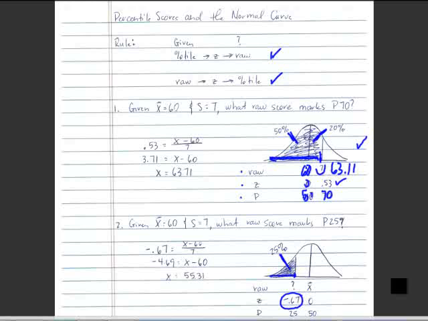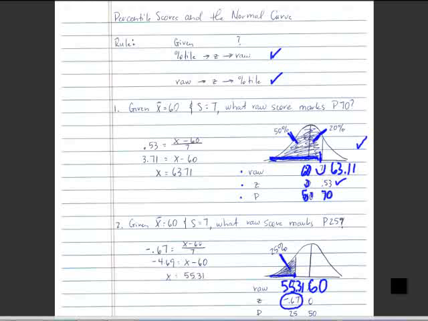So minus 4.69 is equal to x minus 60. And then take the 60 to the other side, and so x equals 55.31. And again, if you think about the 60 being in the middle, it makes sense that something like 55.31 would be at the 25th percentile.